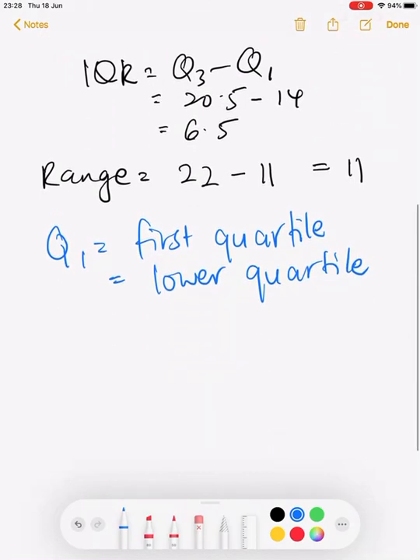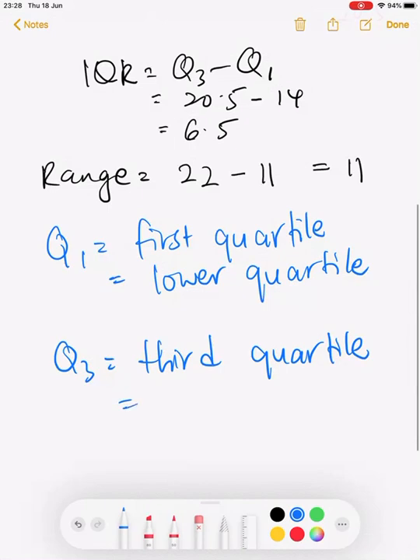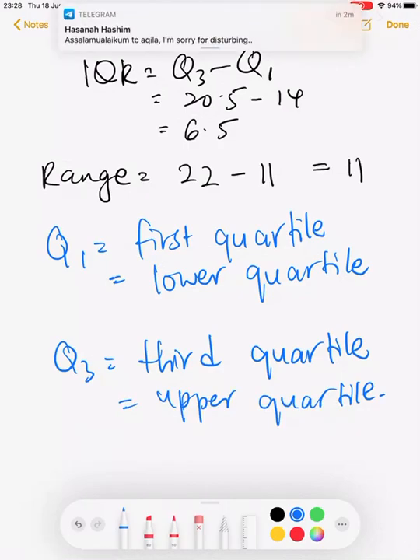Q3 is the third quartile, also known as upper quartile. The median is the value in the middle when a set of data is arranged in ascending or descending order.